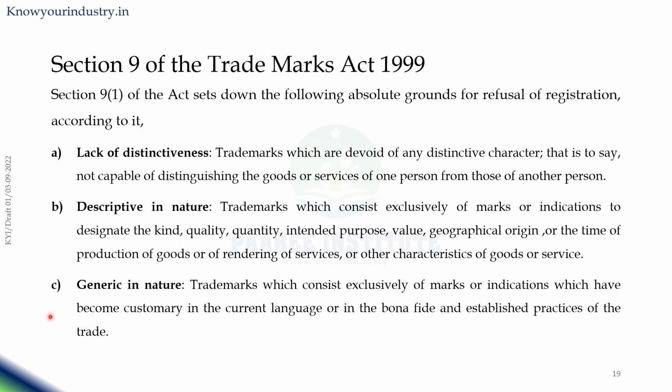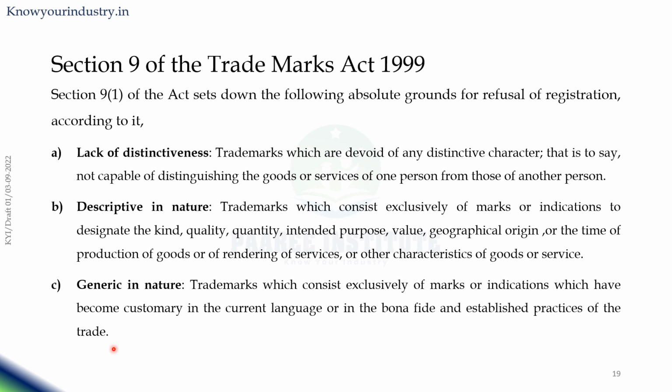Third, if your trademarks are generic in nature, generic means trademarks which consist exclusively of marks or indications which have become customary in the current language or in the bona fide and established practices of the trade, then those trademarks will not get registration.